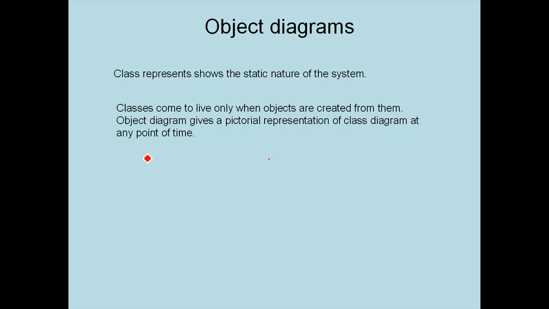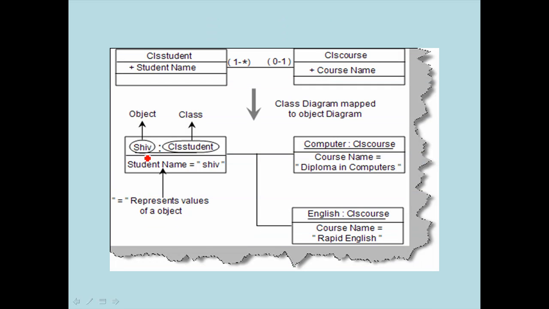Let's try to understand what exactly I was trying to make a point about. Here's a simple diagram which I have shown. I have shown the class diagram at the top and the corresponding object diagrams at the bottom. For example, you have a CLS student class here, and below I have shown a simple object diagram of the CLS student.